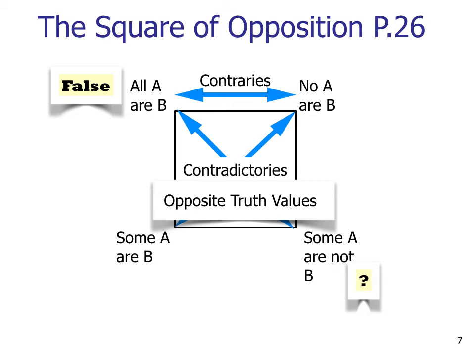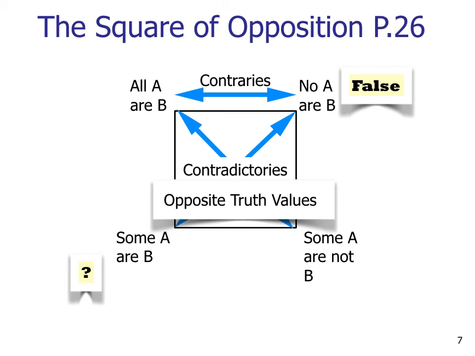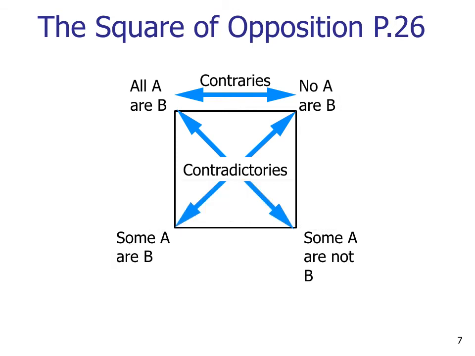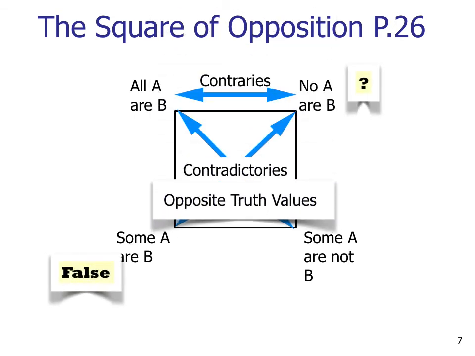So if one is false, the other is true. If no A are B is false, then some A are B has the opposite truth value, so it's true. If some A are B is false, then no A are B is, well, they have opposite truth values. So if one is false, the other is true.